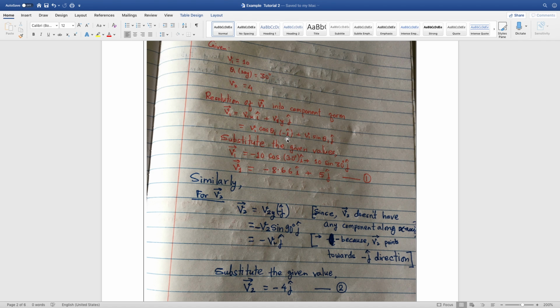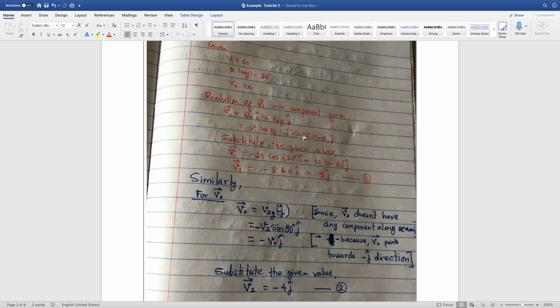And then minus i hat, we already talked about this in the last tutorial, why we have this negative sign, really, because the vector B1 lies in the second quadrant, right? And then plus, we have here B1 sine theta 1. This part is really the y component of vector B1 and j hat.